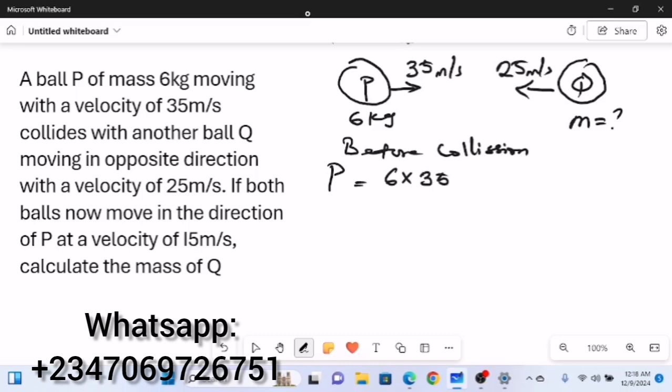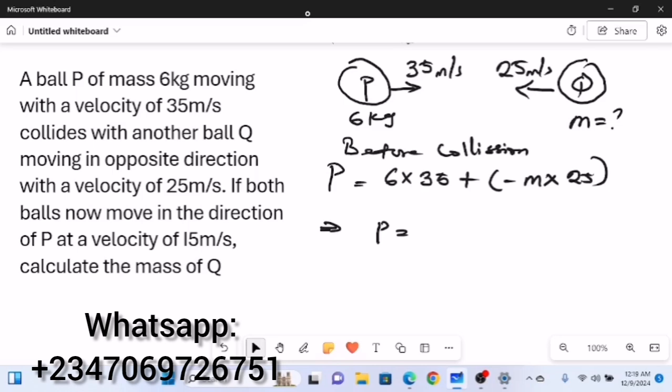Now plus, the fact that ball Q is moving in the opposite direction to P, we indicate with a negative sign, plus the product of the mass of ball Q and its velocity. Mass of ball Q is unknown, so we call that M, times its velocity, given there as 25. So this simply means that total momentum before collision P is going to be, let's obtain 6 times 35.